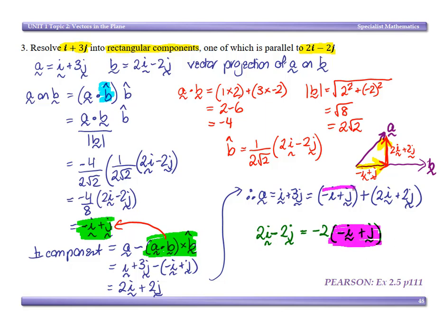This here is that part there. So it's parallel but in the opposite direction. So it's equal to some scalar k times A on B. So that's why it's parallel.